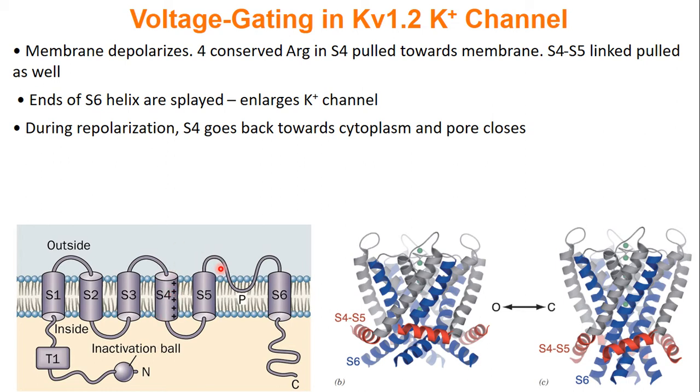When you pull this to the outside, your pore, which is made between S5 and S6, gets pulled as well. That will enlarge this channel, allowing for potassium ions to flow out. Then you'll get hyperpolarization, where the inside becomes negative again. When the inside becomes negative, these positive residues will want to be pulled towards the inside again, effectively closing this pore.